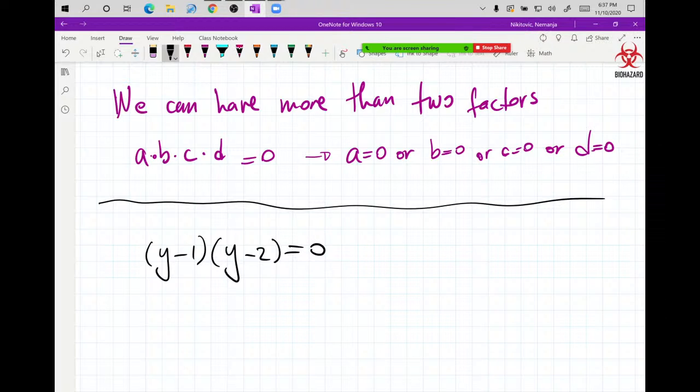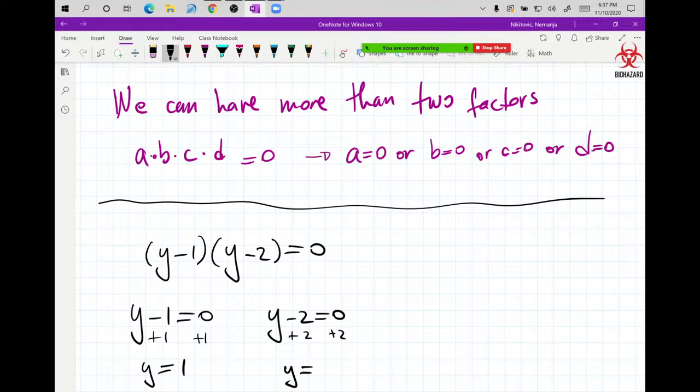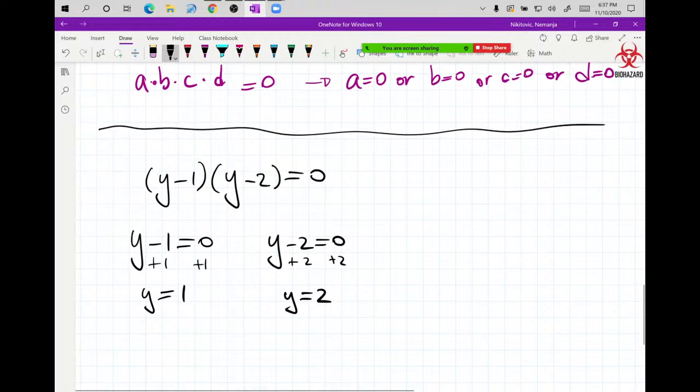Well, you're not going to FOIL this because then that's just going to go back to the original problem and your factoring was for nothing. So what we do is we use the zero product rule where we separate these into two of these, and then we have y is 1, and y is 2, and that's it.